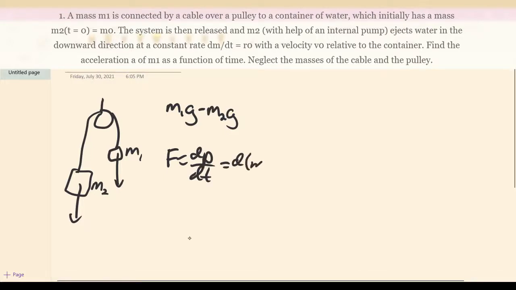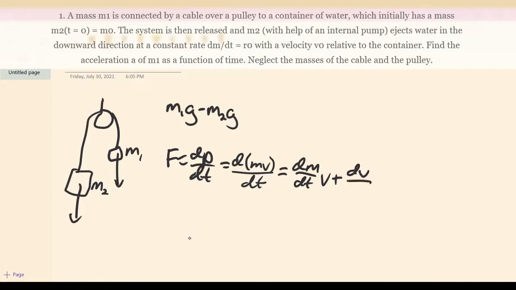This is d(mv) over dt, and this is equal to dm over dt times v plus dv over dt times m. So this second part is just ma, and we already found that part, so we don't need to worry about it for now. But to find dm over dt times v, we can do it in this manner.